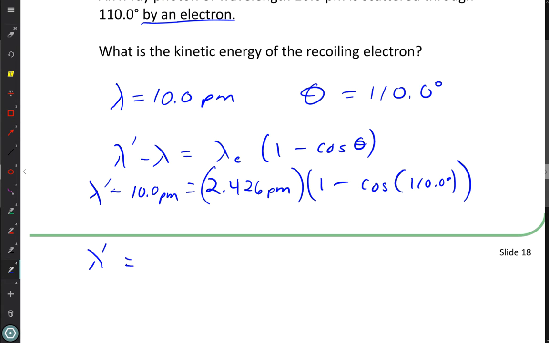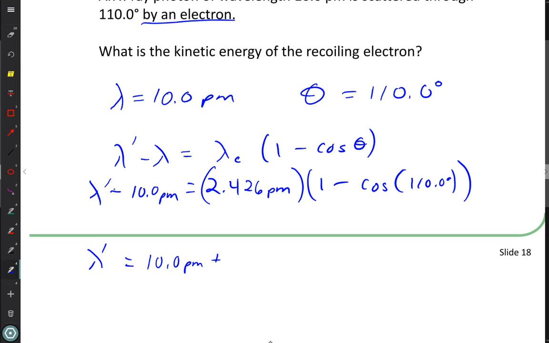What's my new wavelength going to be? So it's 10 picometers plus Compton wavelength times 1.342 is what you got. So what's 1.342 times 2.426?